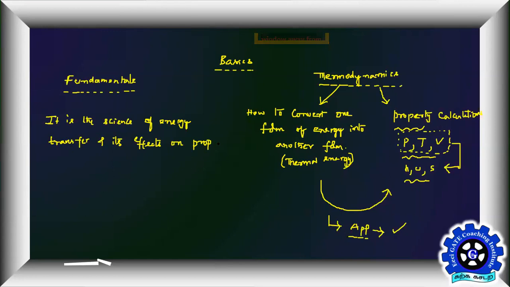I'm just giving a formal statement. This is a formal definition of thermodynamics you will see in any textbook, whatever you refer. I have split it into some kind of terms so that you can understand very easily. It is a science of energy transfer and its effects on your properties.